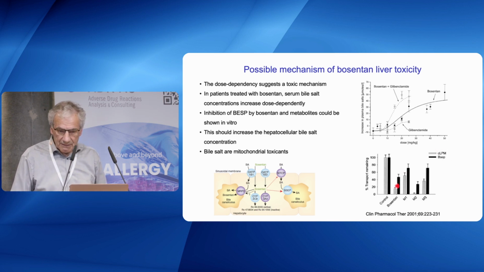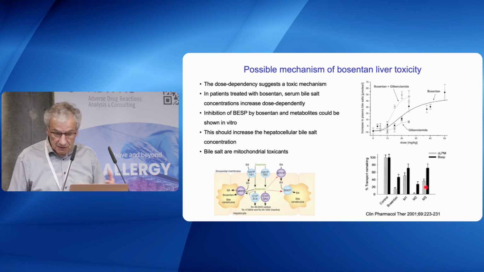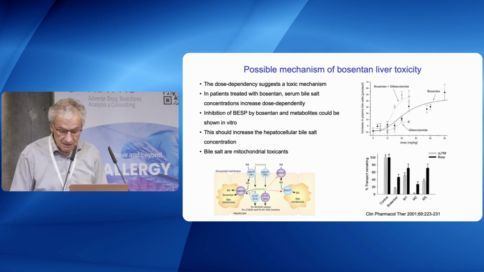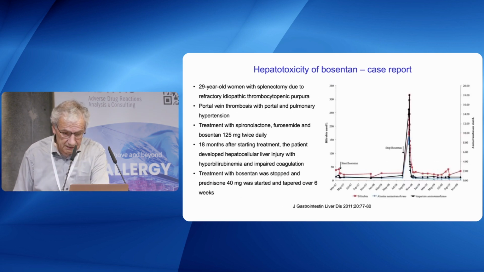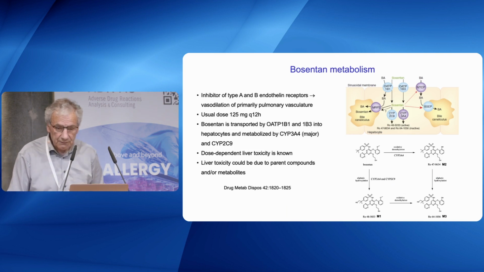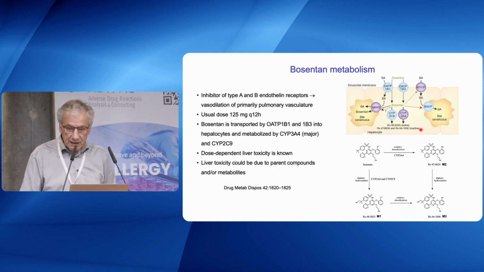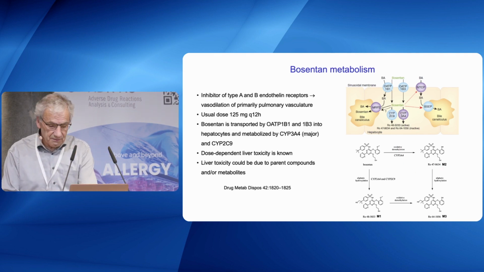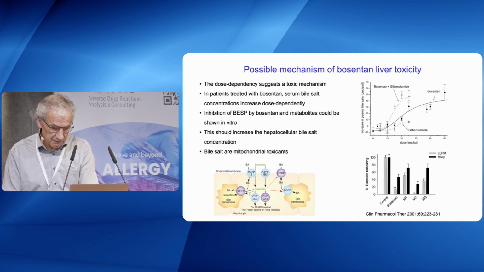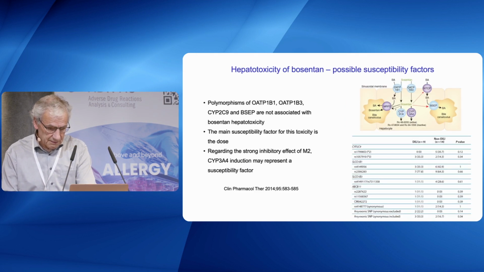And you see bosentan and especially also the metabolite M2 still stronger inhibit this transport. When I go back to M2, M2 is here. And M2 is formed by CYP3A4. And CYP3A4 induction may therefore be a susceptibility factor.